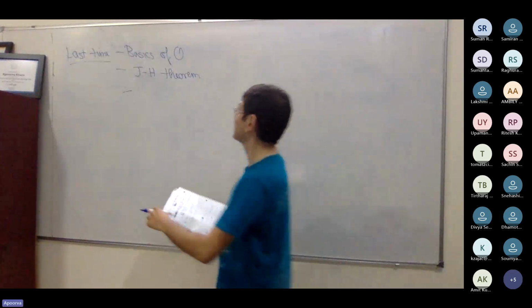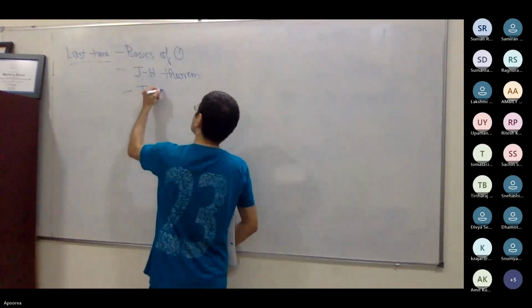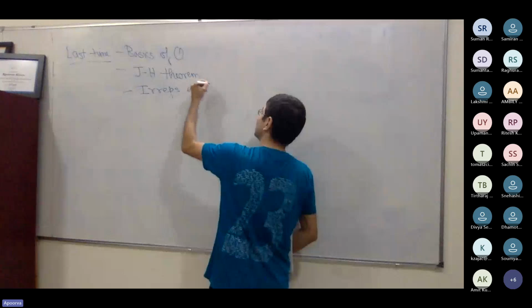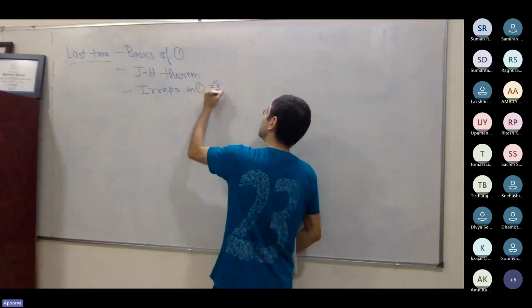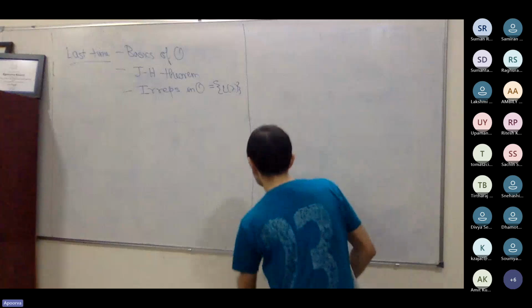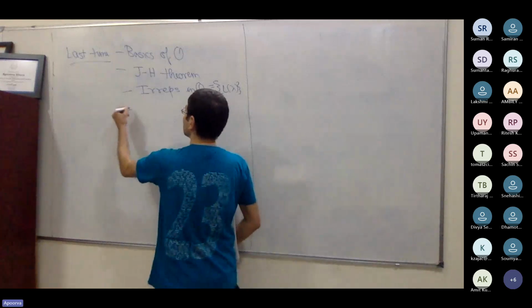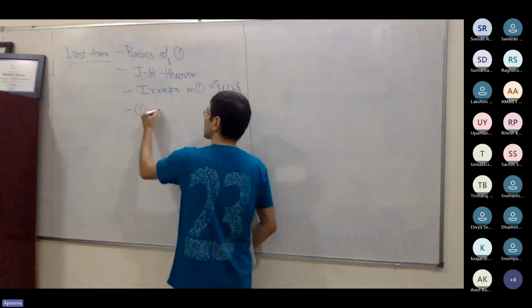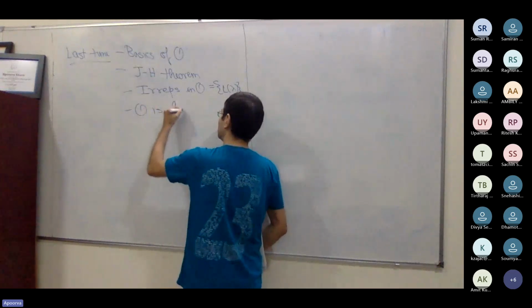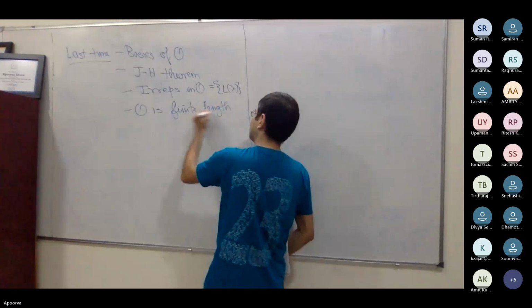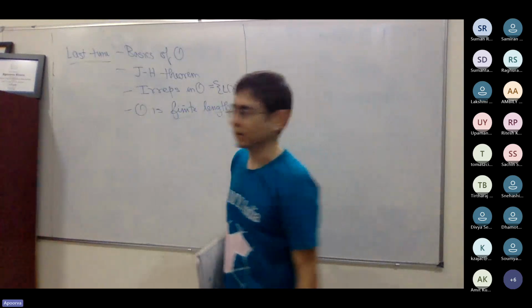We classified irreducibles, and these are precisely the L lambdas. And finally, we proved that every object in category O has finite length, so category O is a finite length category.